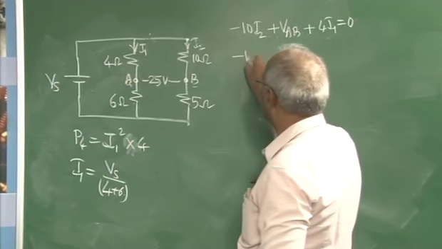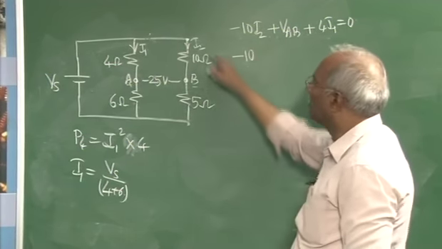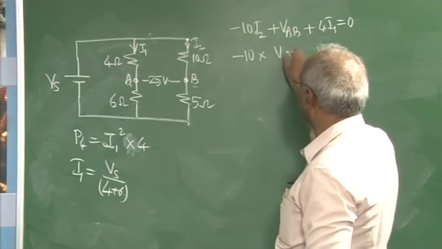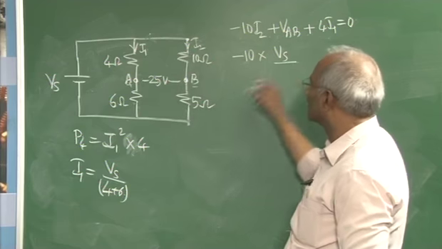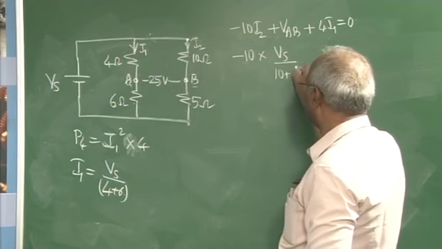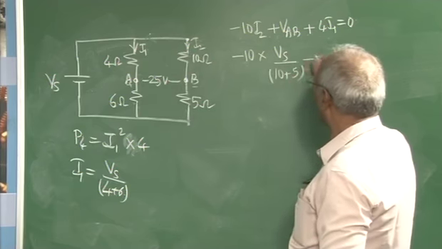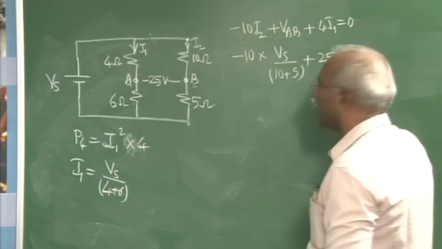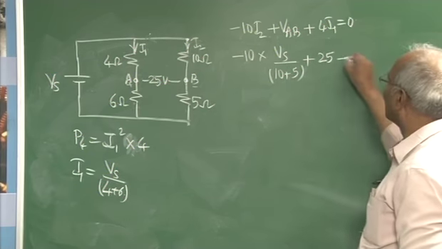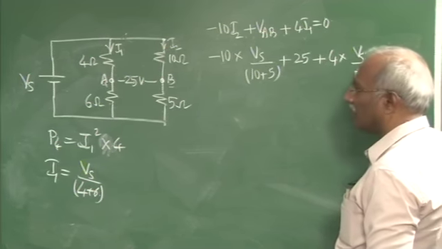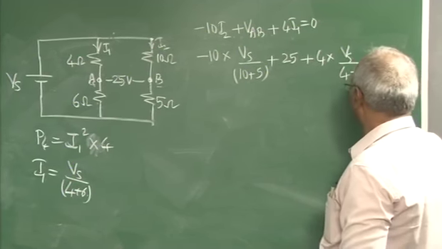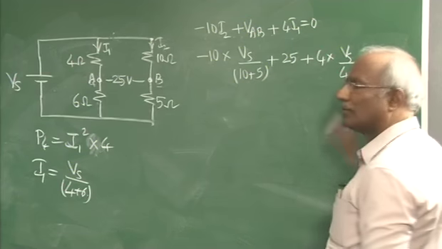This is the same as minus 10 I2, which is Vs over the total resistance in this path, 10 plus 5, plus VAB, which is 25 volts, plus 4 into Vs over 4 plus 6, equal to 0.